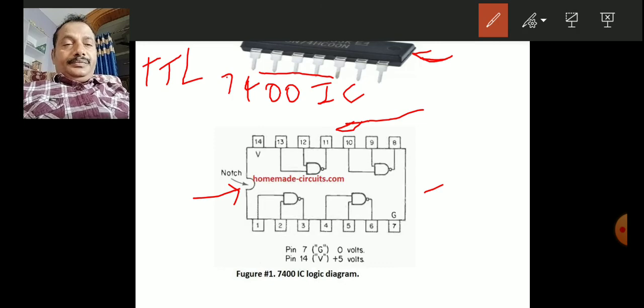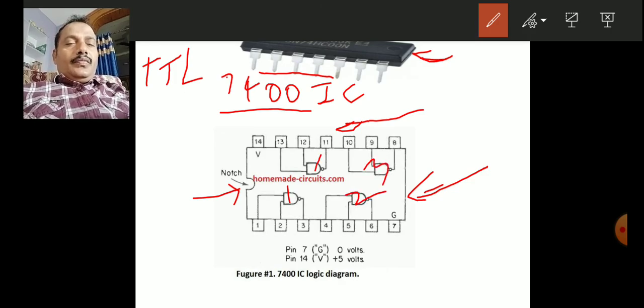Observe here, for example we have taken 7400. If it is 7401, 7438, like that, whatever it may be, the number of gates that are integrated look like this. You see NAND gates, 4 NAND gates are there: 1 2 3 4.